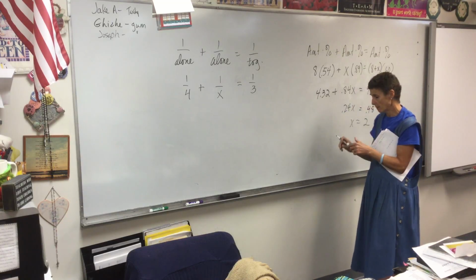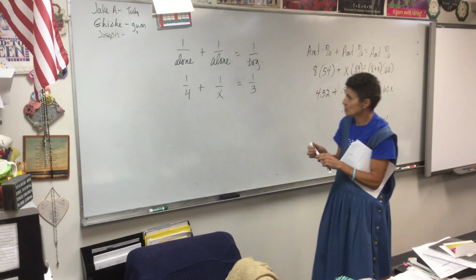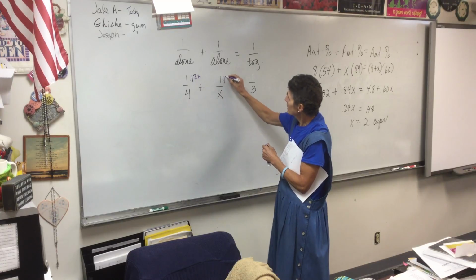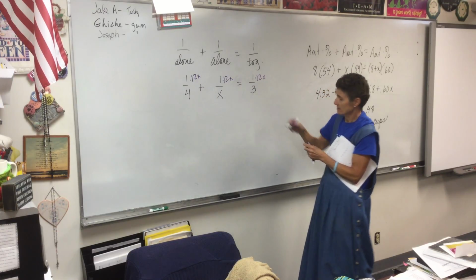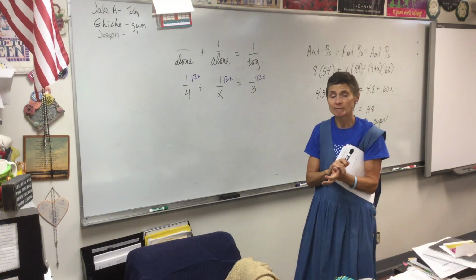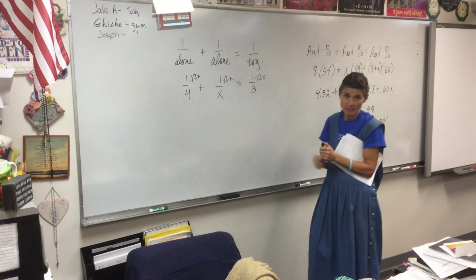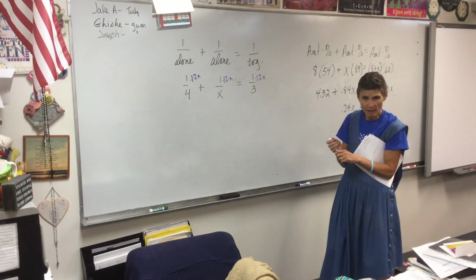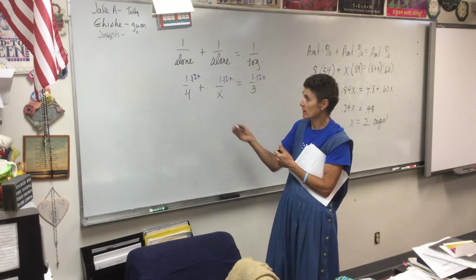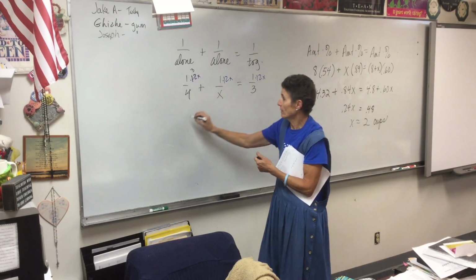So my common denominator, this is a problem that's full of fractions. I don't want to do the fractions, so I'm going to multiply everything by 12x. Now, why am I multiplying by 12x? Because I want to multiply by something that will get rid of all of the denominators. So my denominators are 4 and x and 3. So if I multiply by 12x, I will be able to cancel out every denominator, and that's my goal. So 4 goes into 12 3 times, so I'm left with 3x.